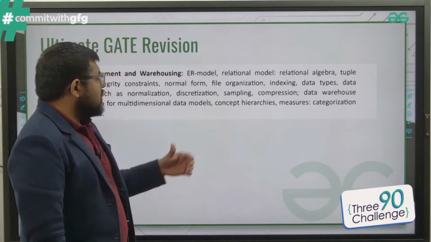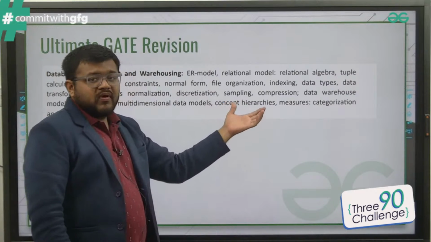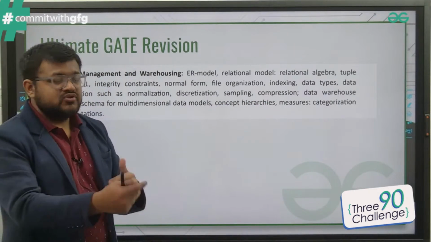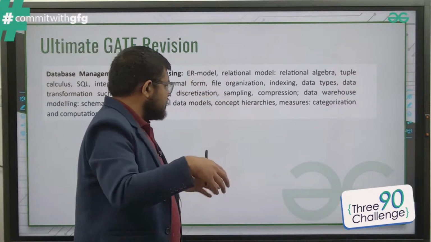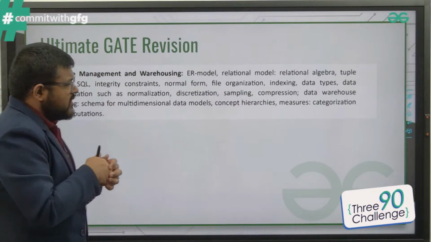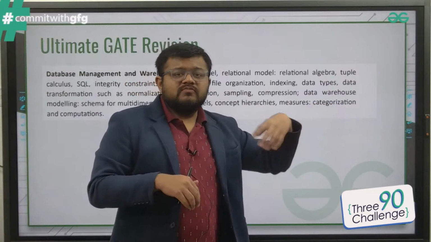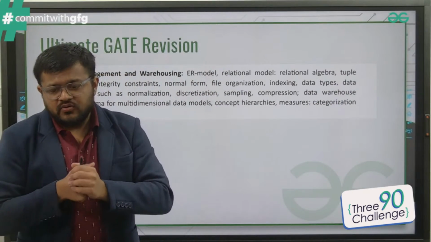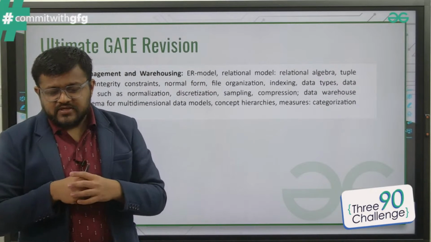Like overall you can have country, then in country which state, then in which state which city, and so on. So you basically have hierarchies. And then categorization and computation, so you put data into different categories to observe the different trends and to make work more efficient. Okay, so this is your syllabus for this.